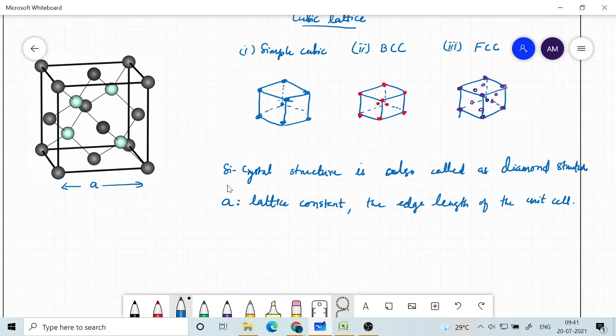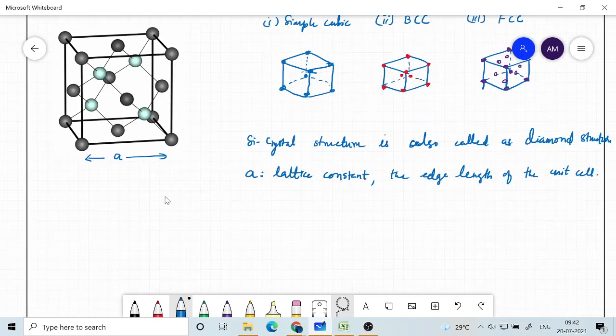So it's like the building block of the entire crystal. So in a crystal of size, say 1 centimeter cube, there are around 10 raised to 22 atoms sitting inside, and you can build that crystal from a unit cell, and the value of this a is something like 0.5 Angstrom. It's around that.